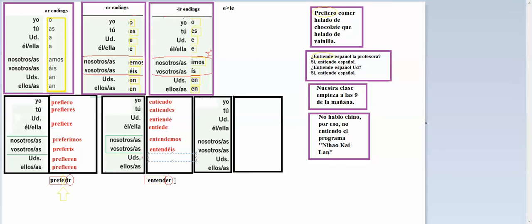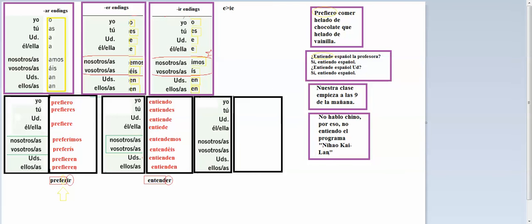Okay. For ustedes, here's my stem. It does fall outside the green box, so I'm going to change my E to an IE. And then I'm going to add the EN because that's what I would do for ER endings. And I'm going to do the same right here. Entend, I go back, I make it an IEND, and then I'm going to add an EN.